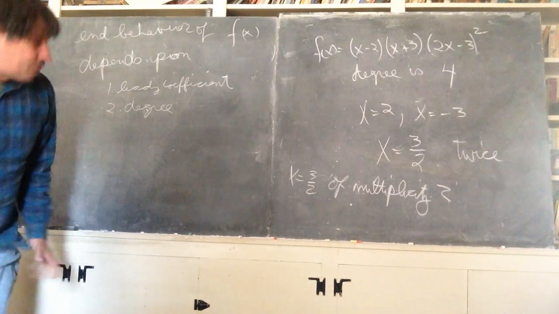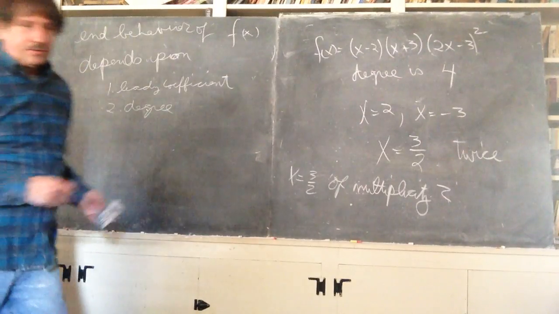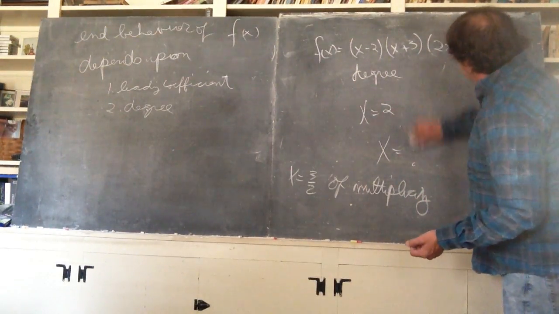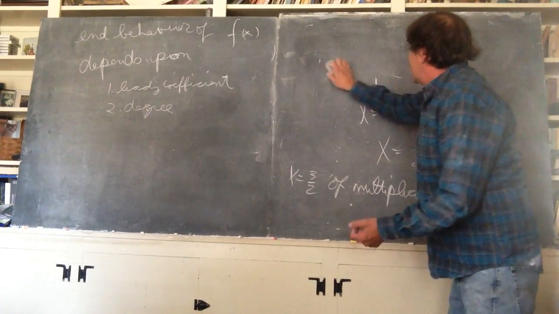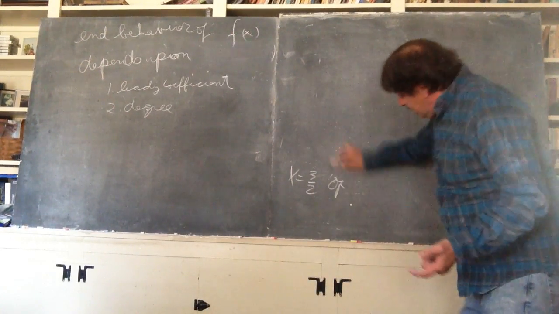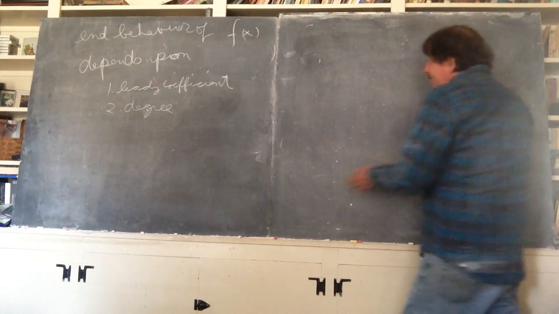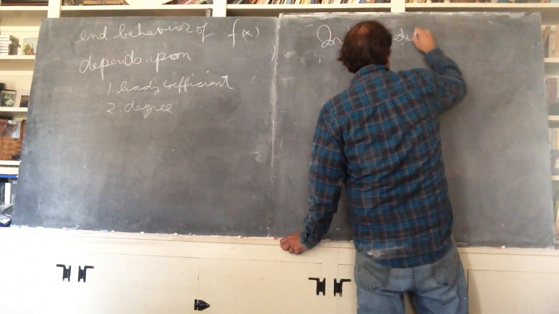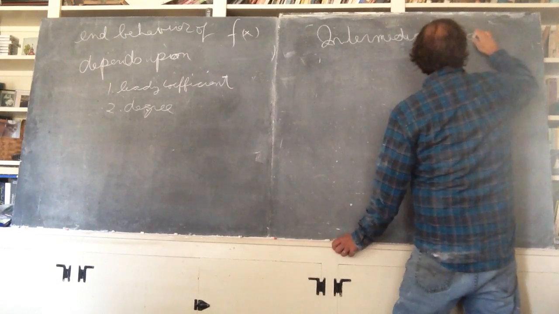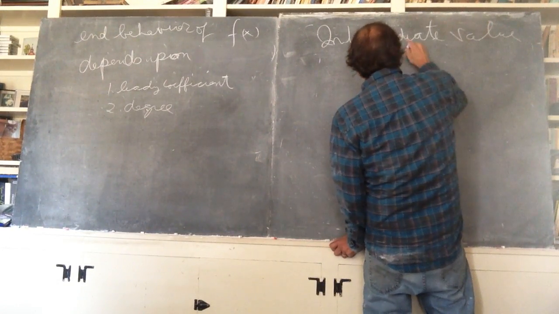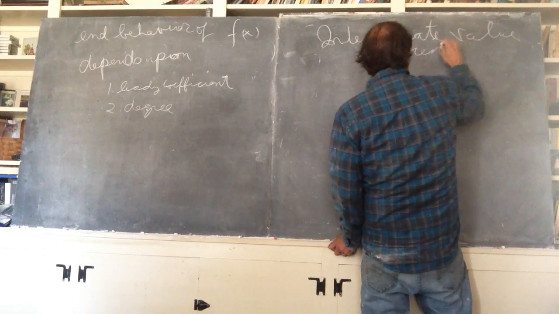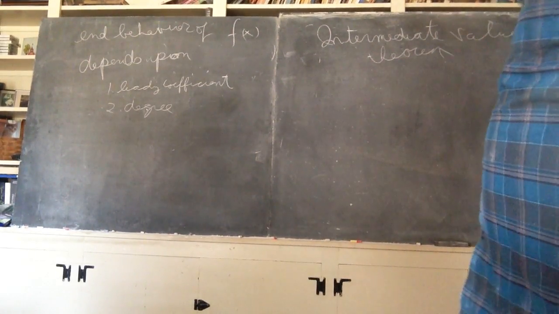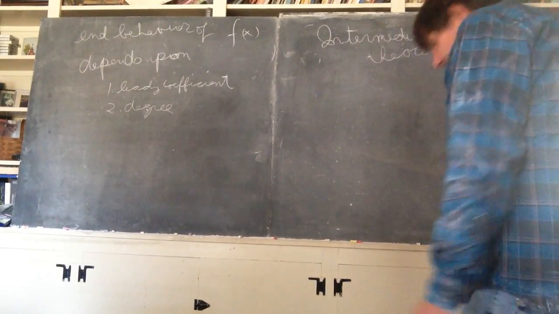Now here's the one thing from this particular section that is extremely important. It's called the intermediate value theorem. We extend this theorem, but for us right now, we're looking for zeros. So we're going to make this intermediate value theorem very specific to looking for zeros.